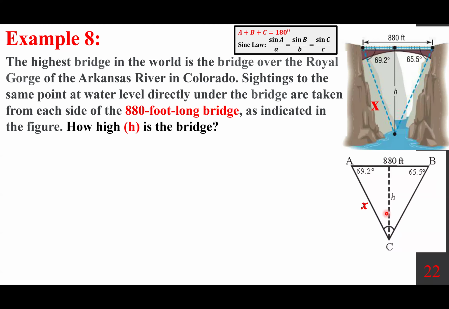Now, if we go to half of this triangle, one of them, it doesn't matter which side. For example, since we want X, we want to go to this side. We're going to call this D. So ACD.